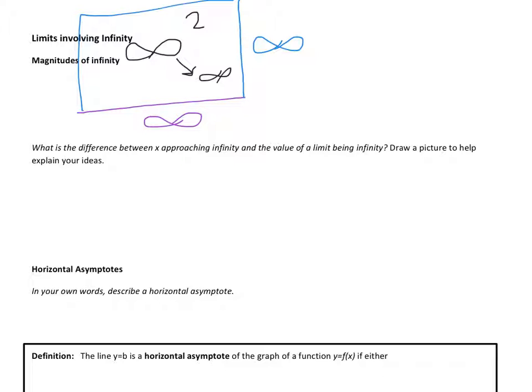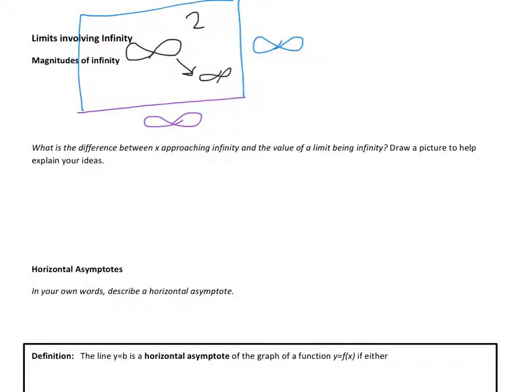Okay, so go ahead, pause the video, and write some notes to yourself about different sizes of infinity here. Once you do that, go ahead and answer this question. What is the difference between x approaching infinity and the value of your limit being infinity?